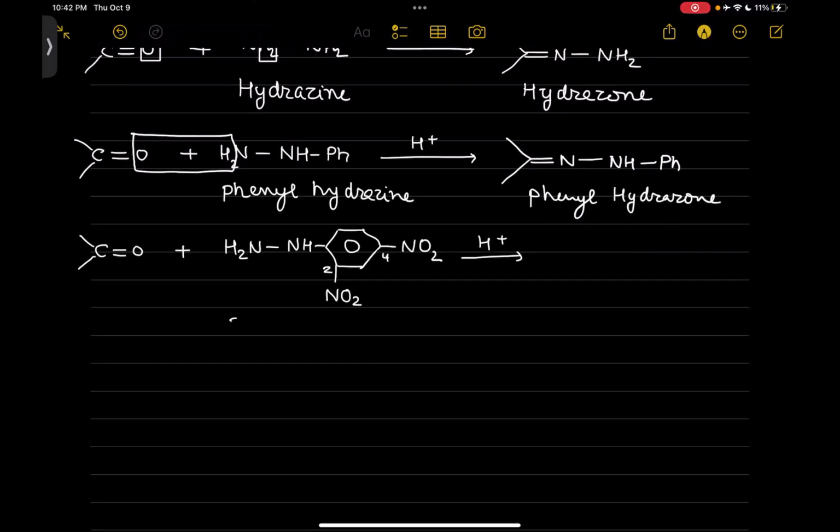So it is 2,4-dinitrophenylhydrazine, and there is a shortcut name to it.